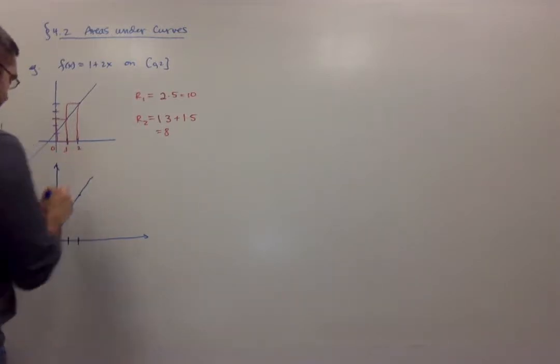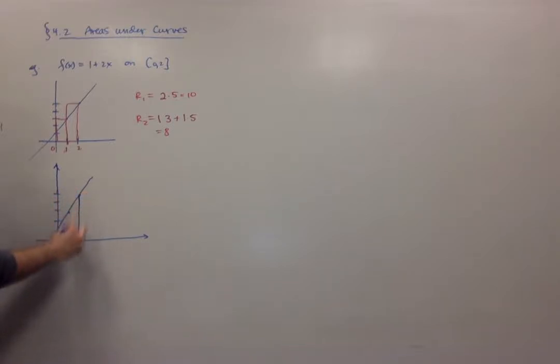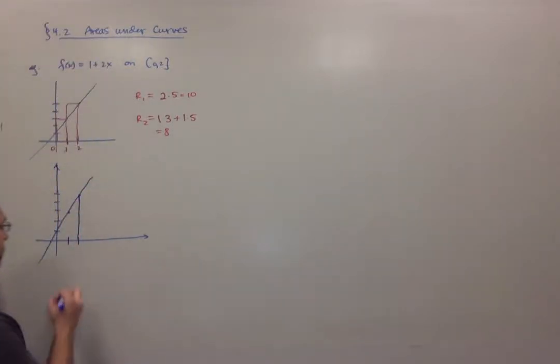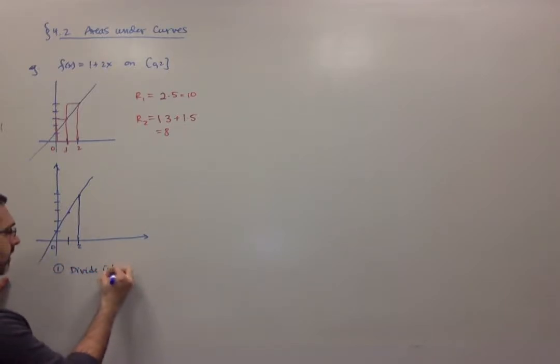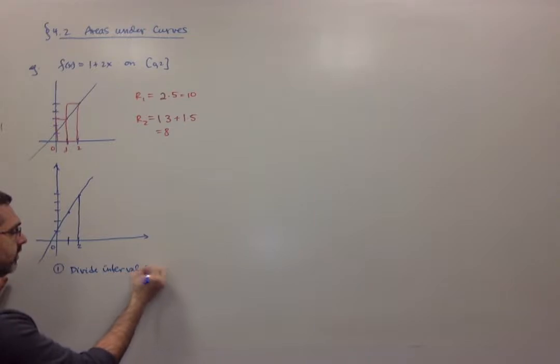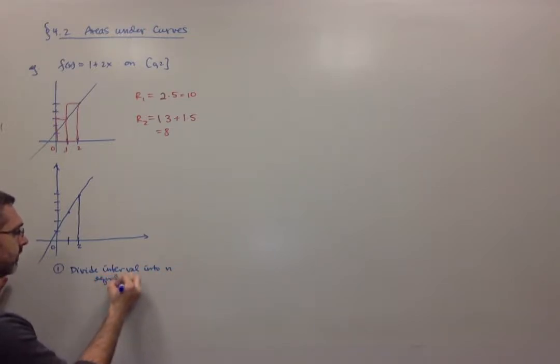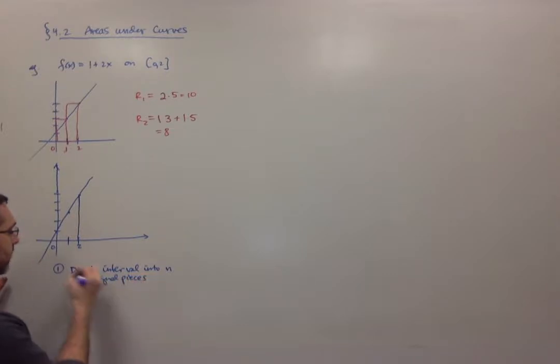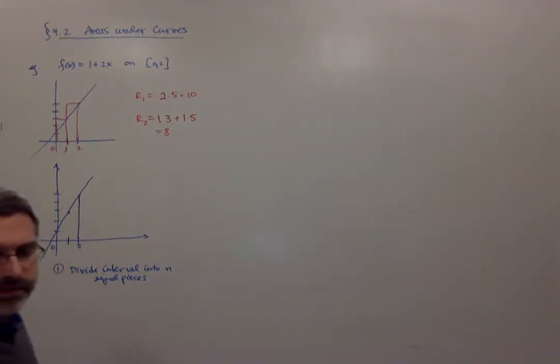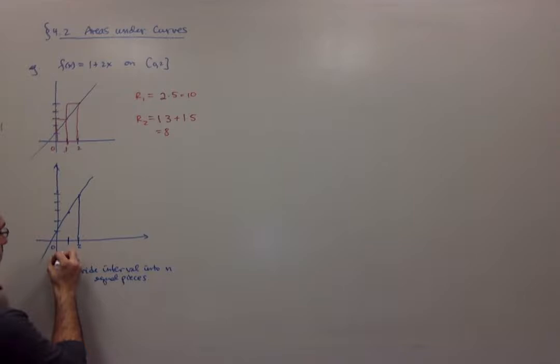Okay, so here's my region. The first thing that I'm going to do, just like before, is divide my interval into n equal pieces. In this case, the overall width is 2.